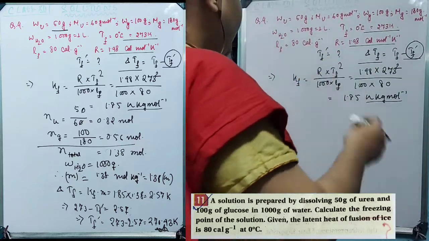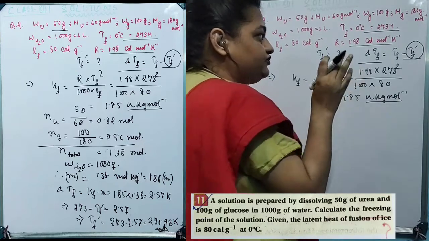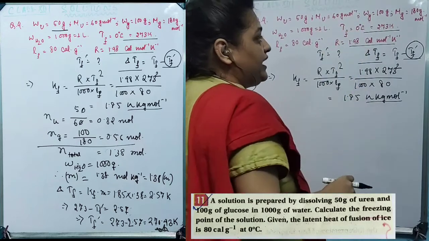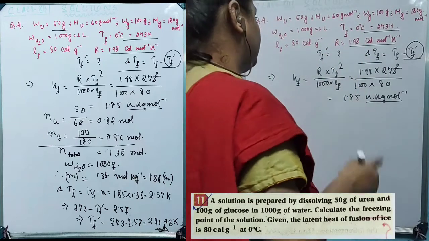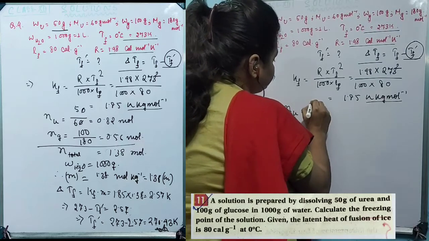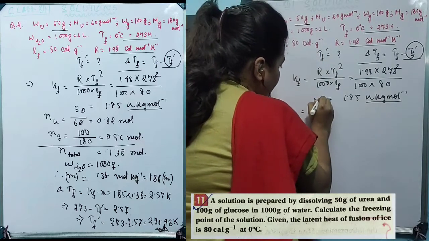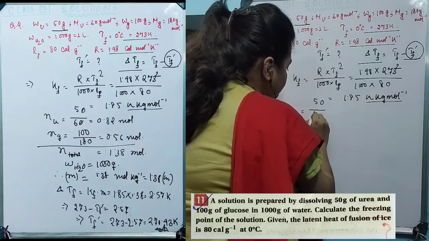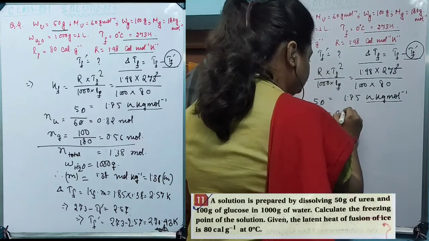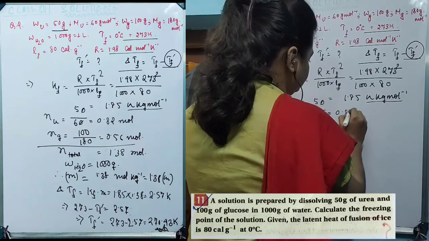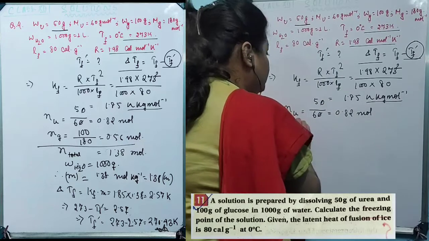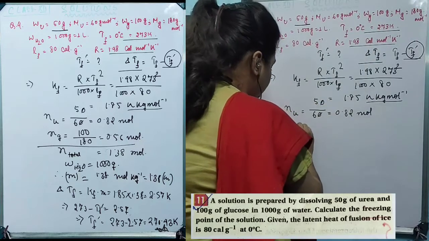Now we are going to apply this into the delta TF equation. But before that, we need to find the molality of the solution. So let's find the mole number of urea first. Mole number of urea is the given mass, 50, by the molecular mass, 60, which is 0.83 mole.